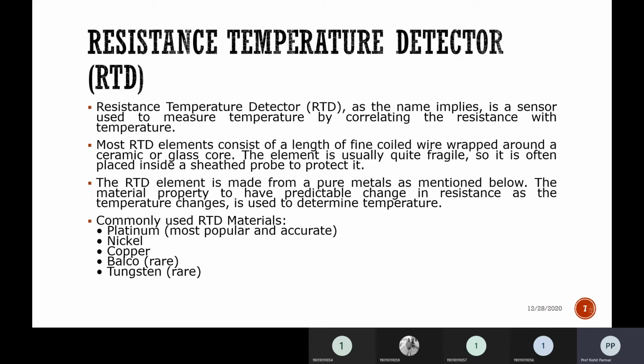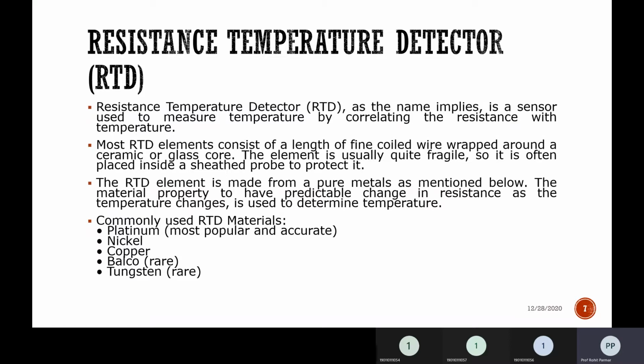So here it's about RTD. Okay, so resistance temperature detector, that means it's a sensor through which one can measure temperature by correlating the resistance with temperature.